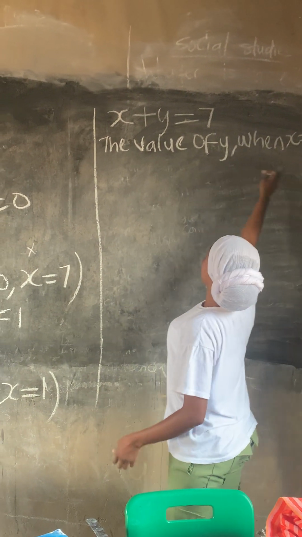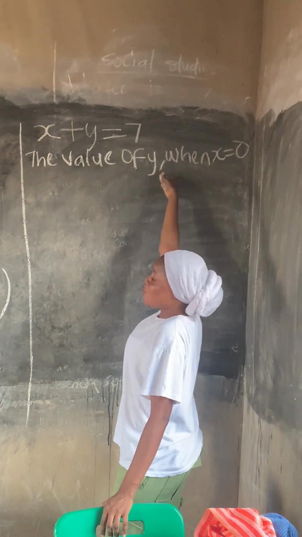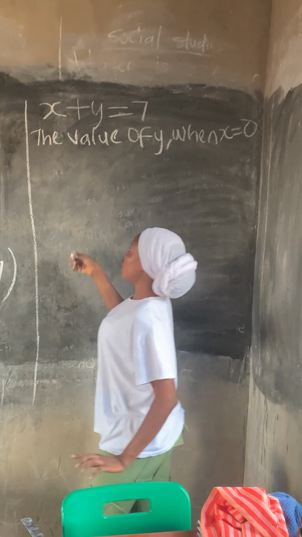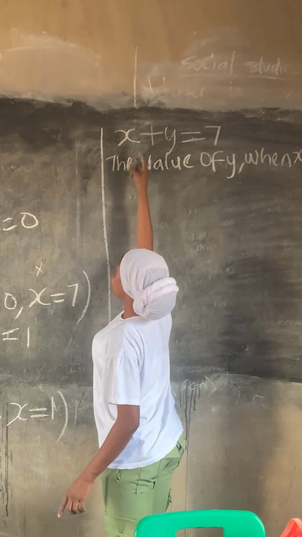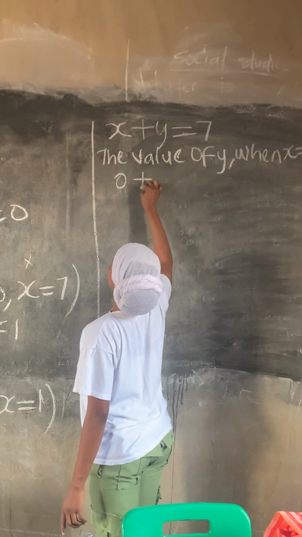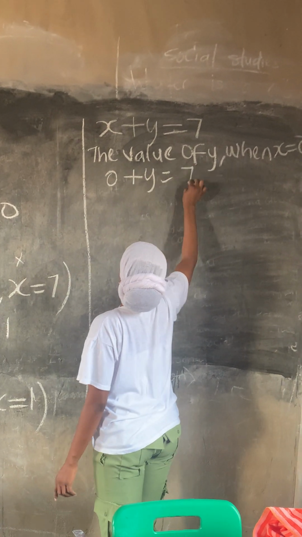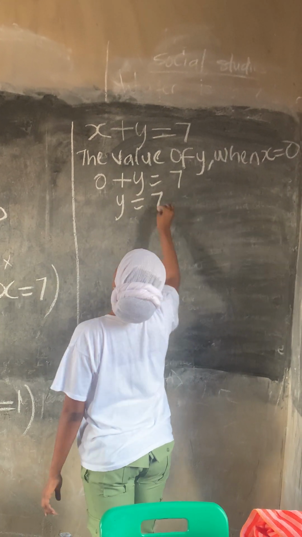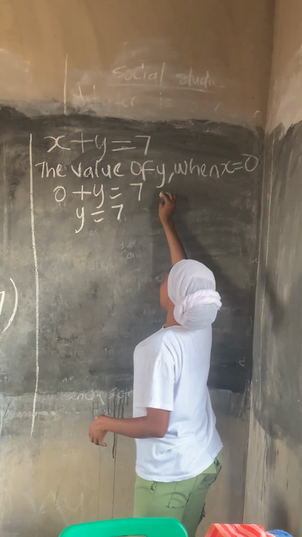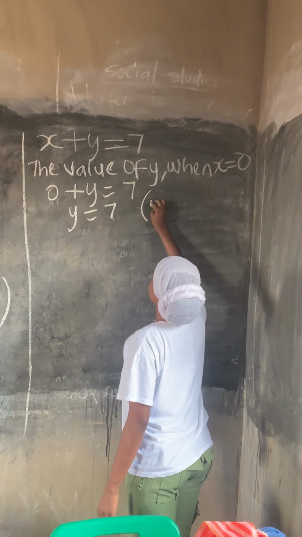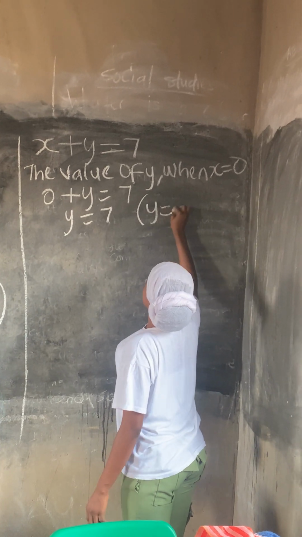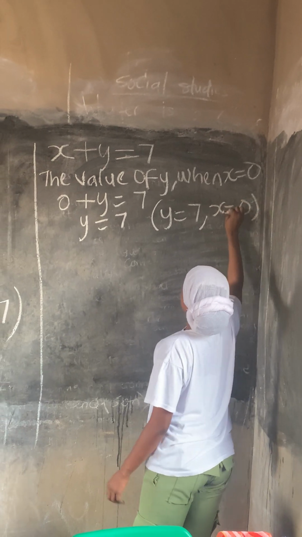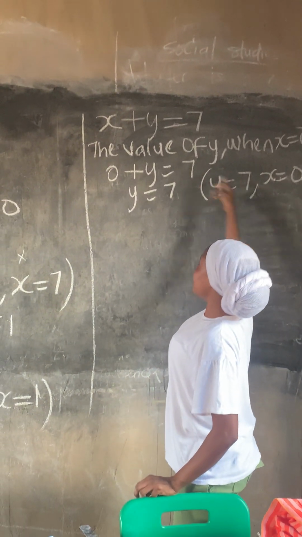So anywhere you see x, you put 0. So from this equation, x, which is our 0, plus y is equals to 7, right? So y is equals to 7. So the coordinates here will be y is equals to 7, x is equals to 0. Okay? Those are the two coordinates for that.